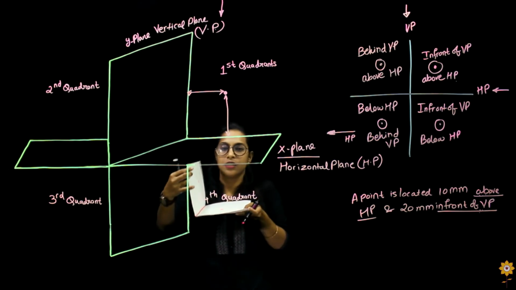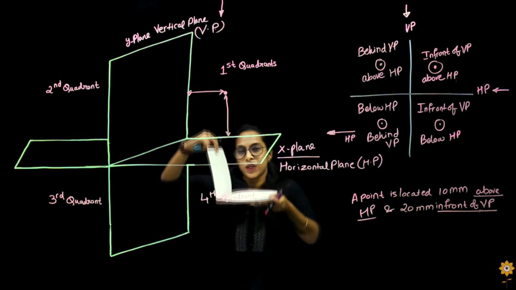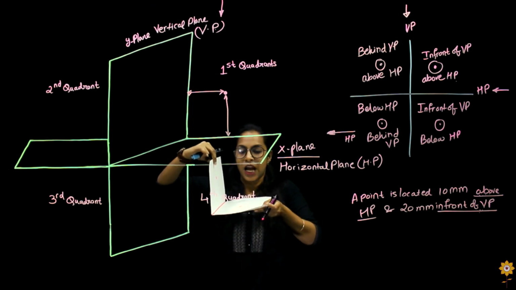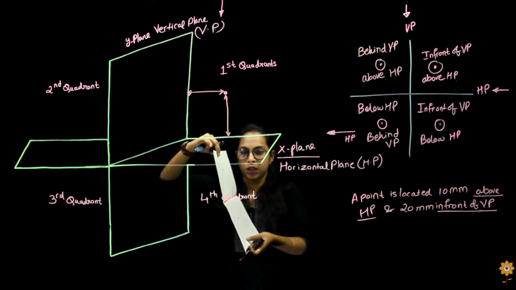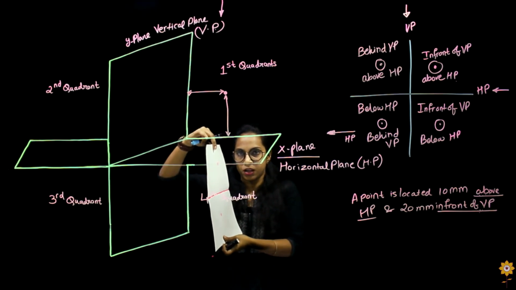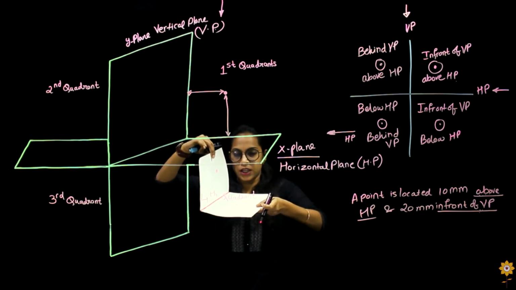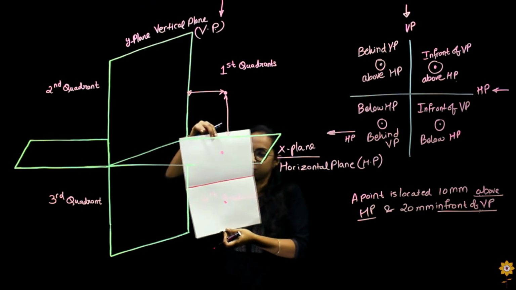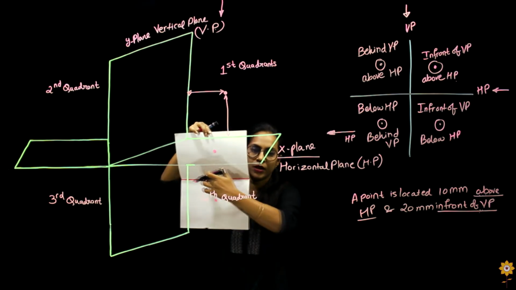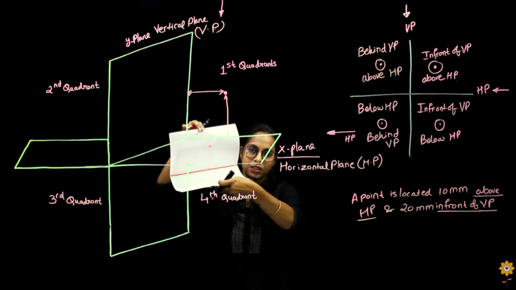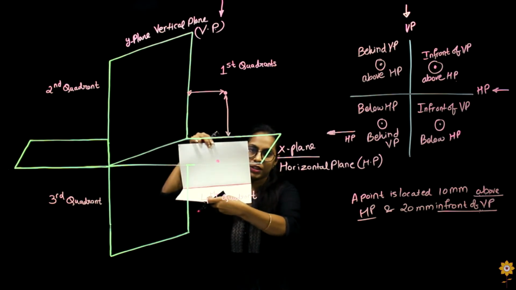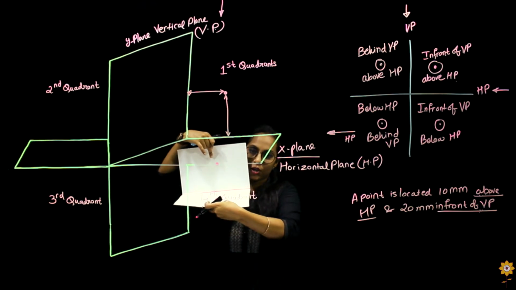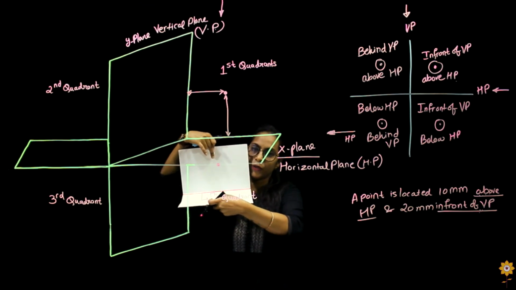Now how to locate this on a 2D paper is, what we do is we keep the vertical plane constant as it is and we rotate the horizontal plane clockwise. So if you see, this was my fold which is my reference, and I have this image which is viewed from the horizontal direction, and I have this point which is viewed from the vertical direction.